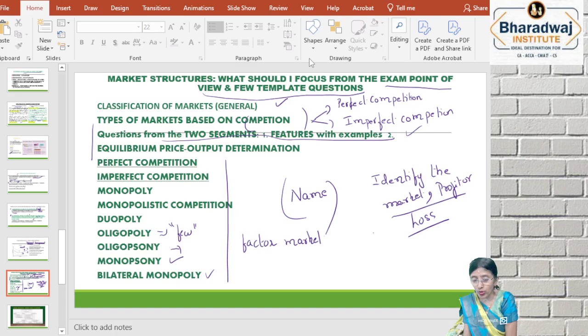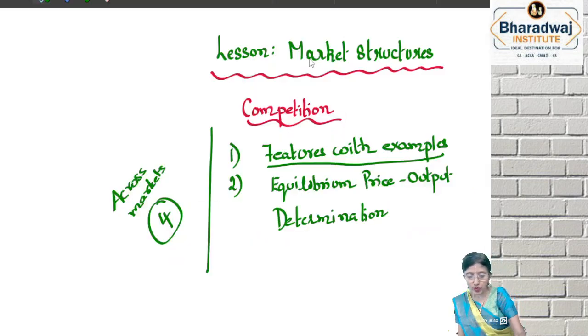This is what I want to tell you first, at the outset. This type of question only will come. What type of question is coming? On the names of the market form. From the features and examples, identify the market form. From the graphs, identify the market form and whether it is profit or loss. So what are the three main types of questions?